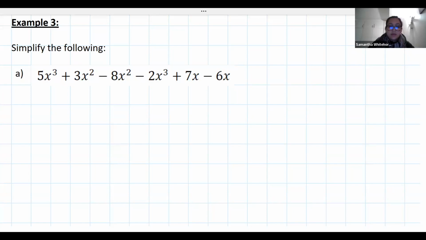Okay, so you are simplifying this example: 5x cubed plus 3x squared minus 8x squared minus 2x cubed plus 7x minus 6x.